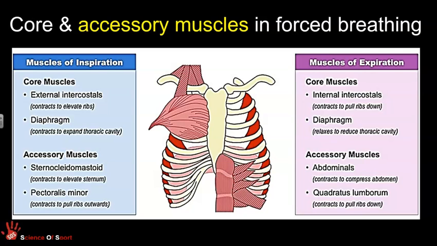We don't just gently breathe in and passively breathe out. We frantically breathe in deeper and we breathe out faster and more powerfully. So we have extra muscles to help us. These are called accessory muscles.